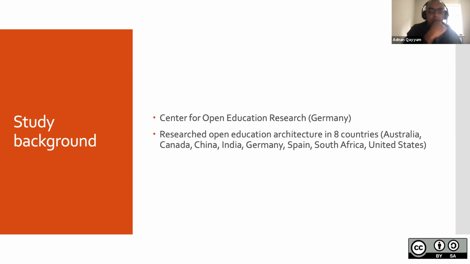This study is based upon a group of studies being done from the Center for Open Education Research out of Germany. It's researching open education architecture in 8 countries: Australia, Canada, China, India, Germany, Spain, South Africa, and the United States.